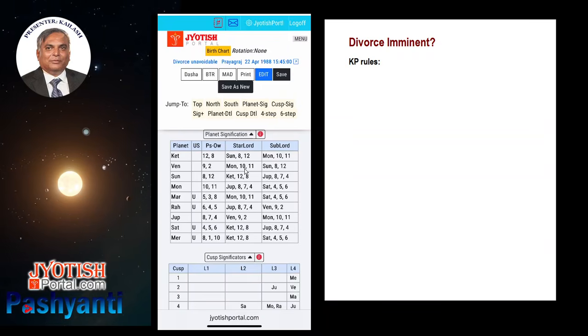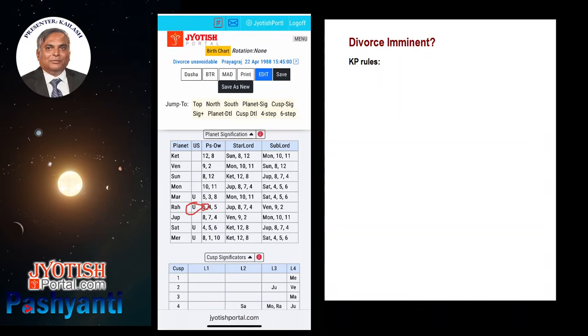Then the Rahu Pratyantar, which ended maybe 10 days ago. Rahu is a very strong significator of the 6th house. If you look at Rahu, you see Rahu is untenanted, and it is a very strong significator of the 6th house. So Rahu is also not really very good.